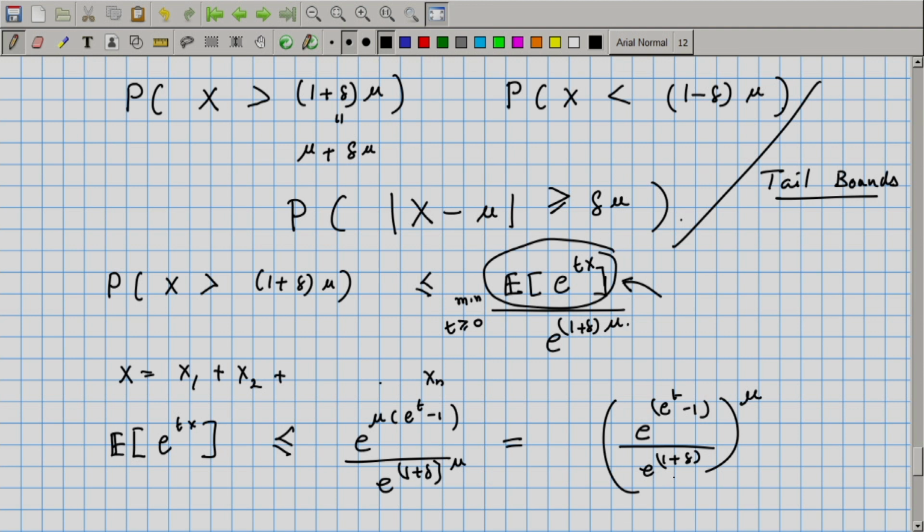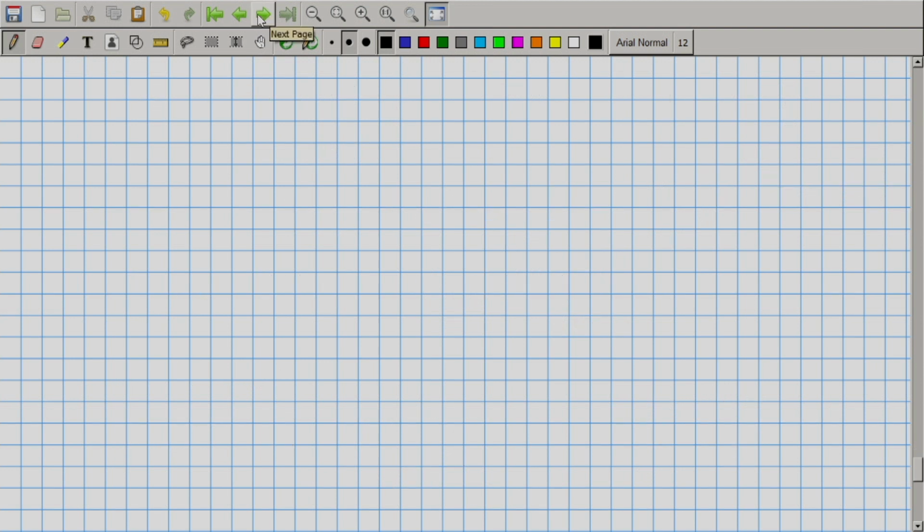So, what is the value of t that we will choose in order to make this quantity on the RHS as small as possible? What is the value of t that we can choose?